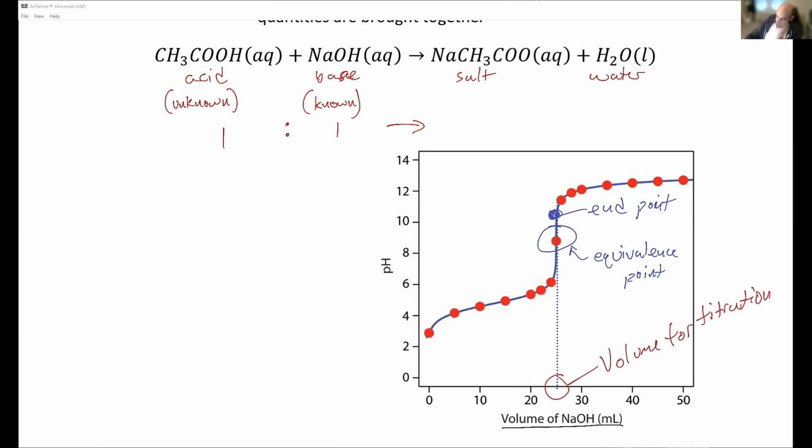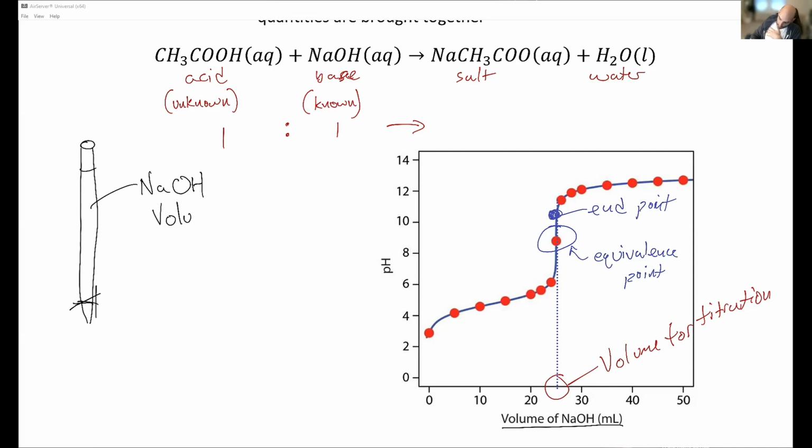Okay, so the concept is pretty simple in terms of how this is going to go. We are going to have a burette. We've done one of these before. The burette is going to contain a known amount of NaOH. So I know two things.